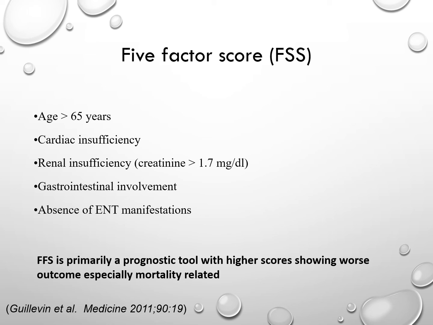So that's why CNS was proposed to be omitted from this new five-factor score. Still, the old 1995 five-factor score is used more in clinical practice because it's more applicable across all medium and small vessel vasculitis, including ANCA.